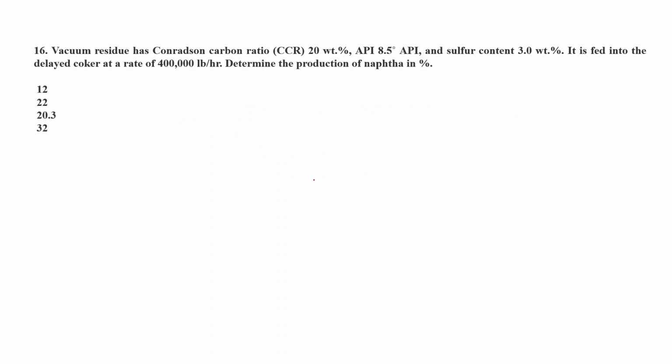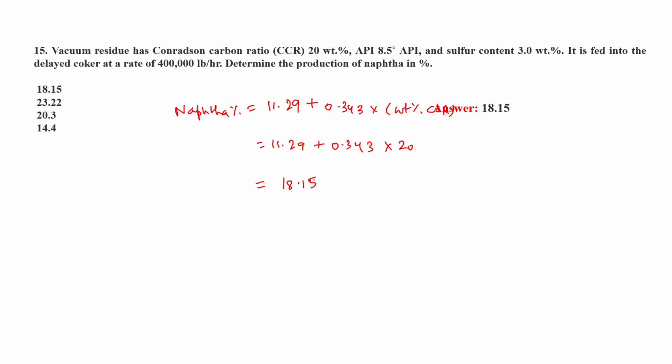Coming on to the next question: vacuum residue has Conradson carbon ratio of 28% and API gravity as 8.5 degree and sulfur content as 3.08%, which is a similar question. But here, just a second, I guess I've done something wrong in this question.